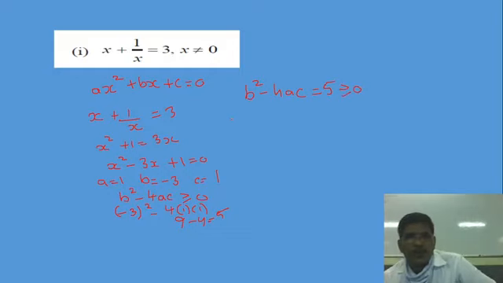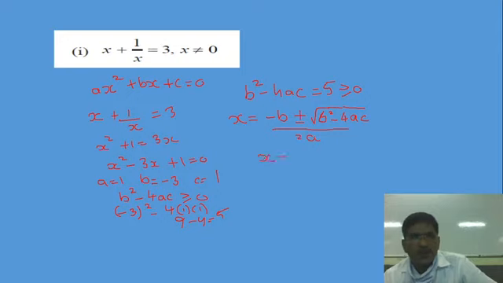Now the standard formula is x is equal to minus b plus minus under root b square minus 4ac, divided by 2a.